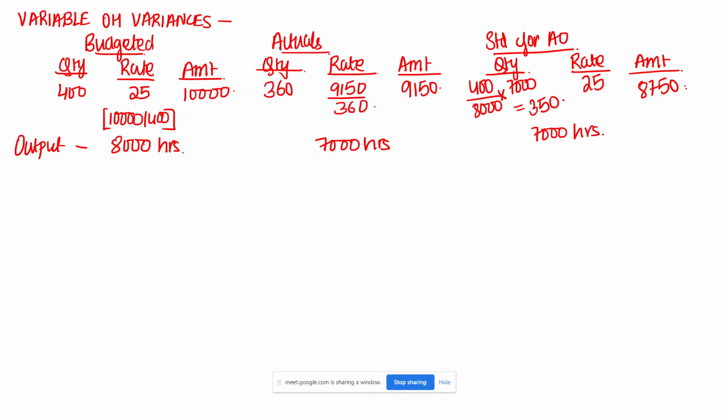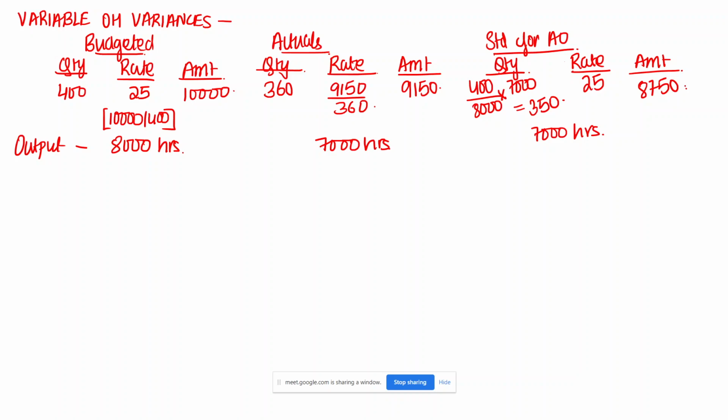But since they have not given anything, whether the variable overhead varies on the basis of units or hours, I have taken any one and I chose to take the quantity. So how do we read this? It reads as rupees 25 per unit is the variable overhead, correct? Got it? Is it clear?